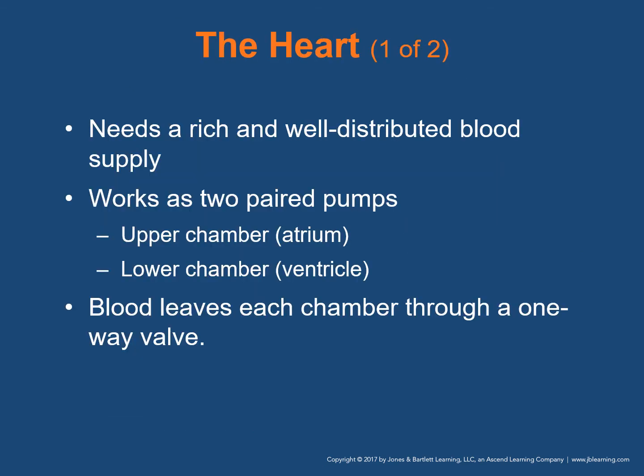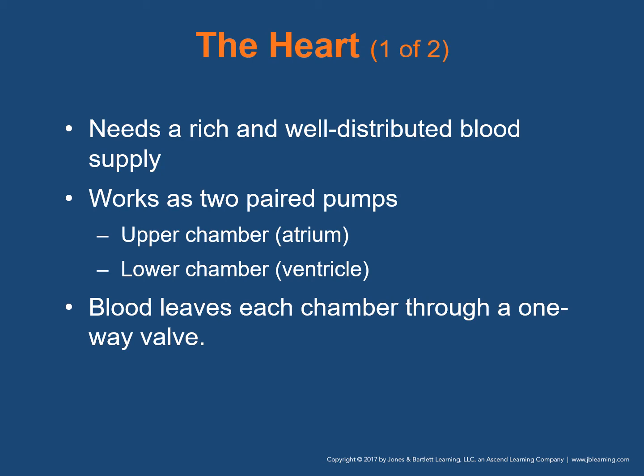The heart is the pump and relies on a rich and well-distributed blood supply. So it not only needs its own supply of oxygen, but it also needs a good blood supply to enter into the chambers in order to push that good blood supply around and provide the body with what it needs.